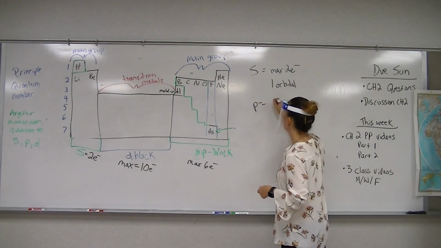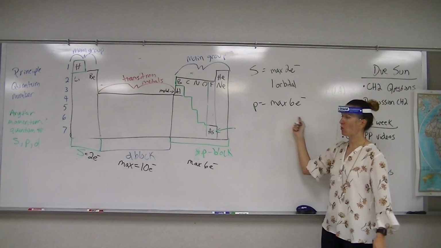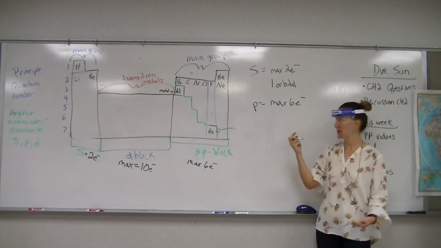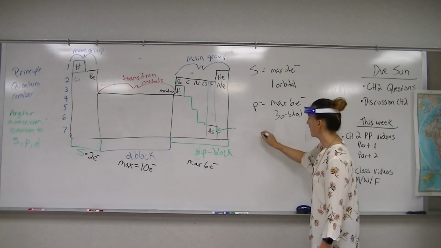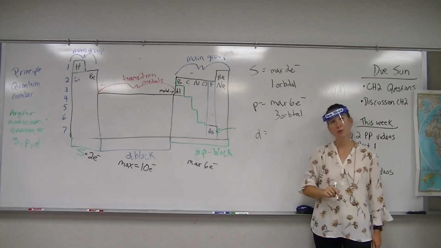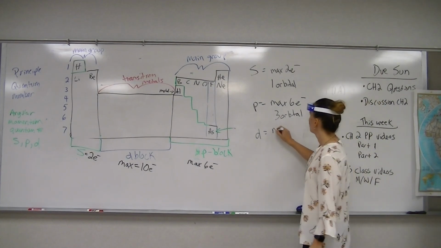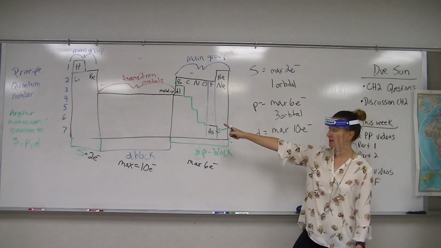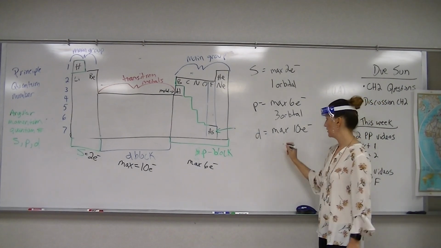Well, the P, we said, could have a max of 6 electrons. How many orbitals do you think it has, since each orbital can hold 2? 3. So we have 3 orbitals. If you look at the PowerPoints, you can actually see pictures of these orbitals. S, P, and D all look a little different. Last but not least, we said 10 electrons for the D block according to the periodic table, so how many orbitals? 5.